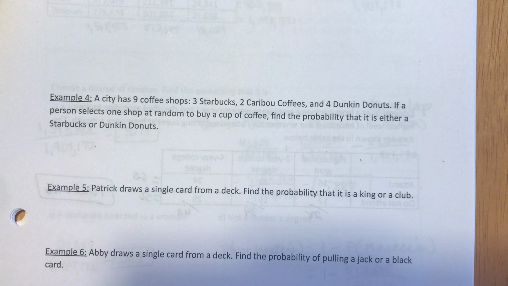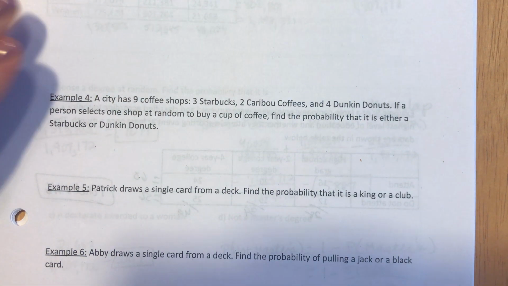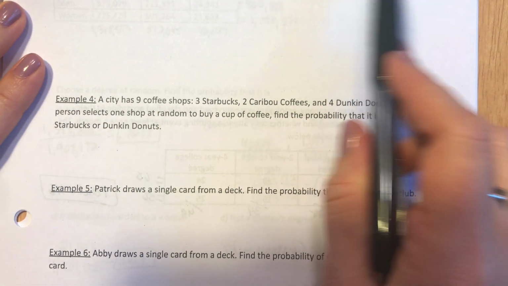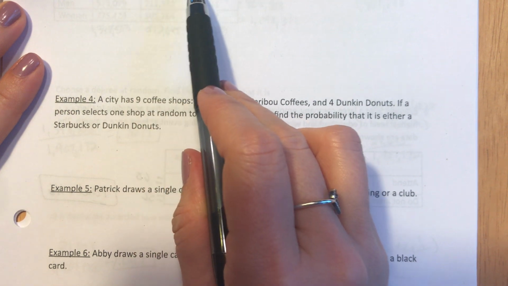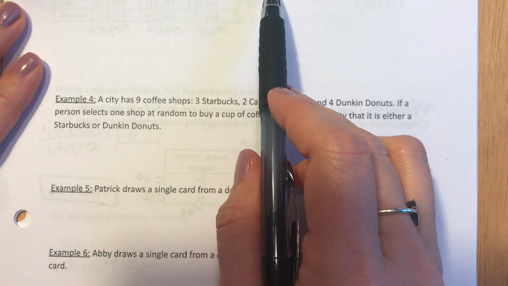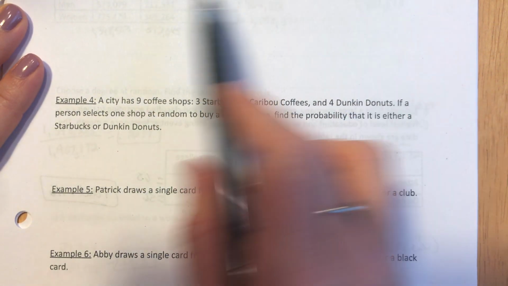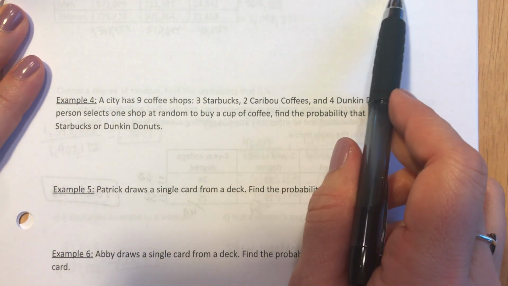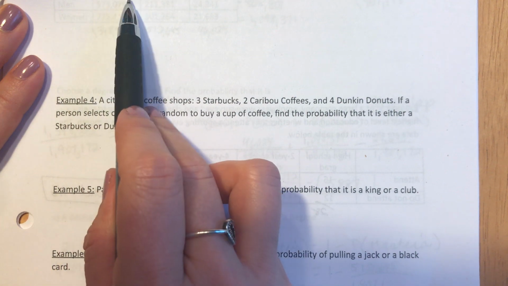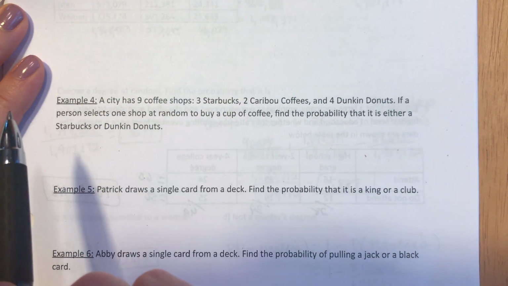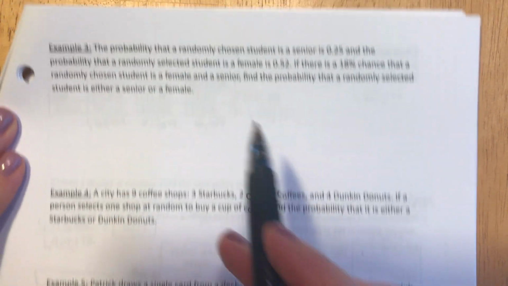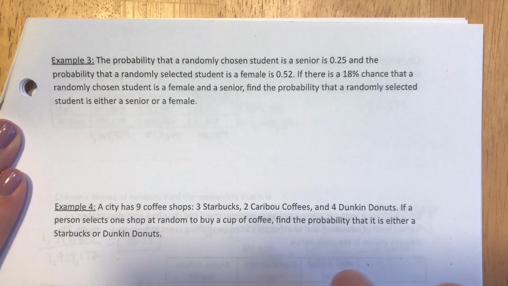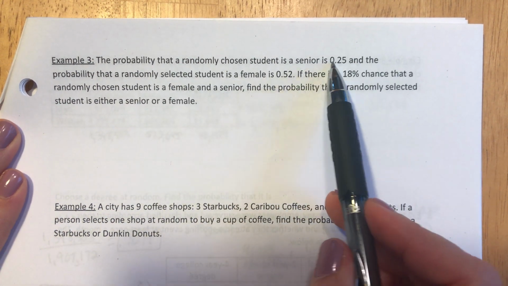The probability that a randomly selected student is a senior is 0.25. The probability that a randomly selected student is female is 0.52. If there's an 18% chance that a randomly selected student is female and a senior, find the probability that the randomly selected student is either a senior or a female. This one has a whole lot going on. So, you've got a senior.